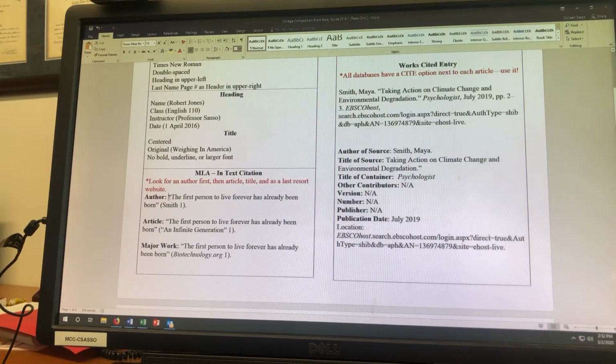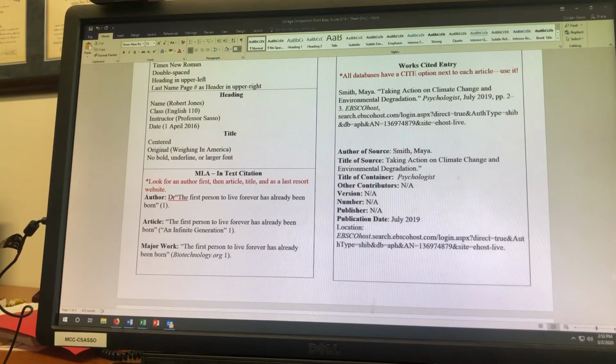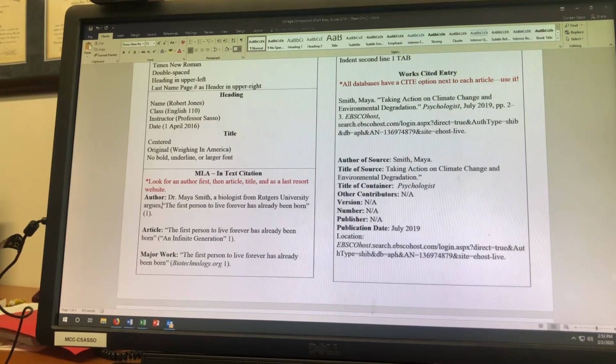Some students will choose to introduce the quote, where you might say something like, Dr. Maya Smith says the first person to live forever has already been born. And that's where, if you've already introduced your source, notice what I did there.